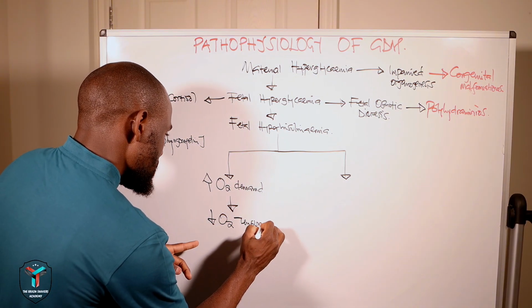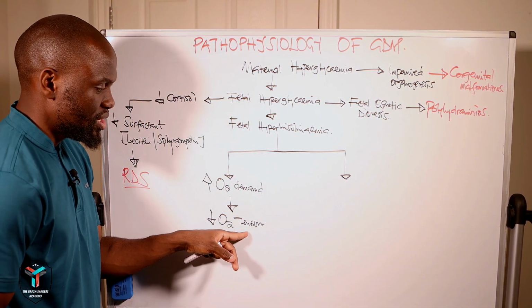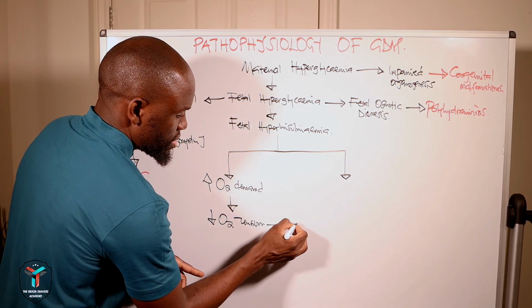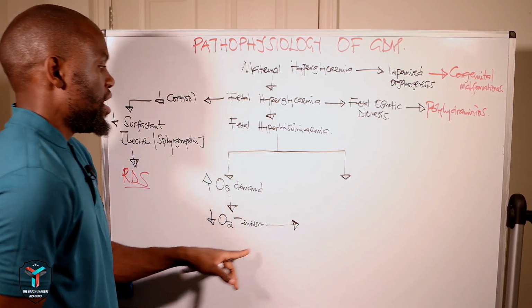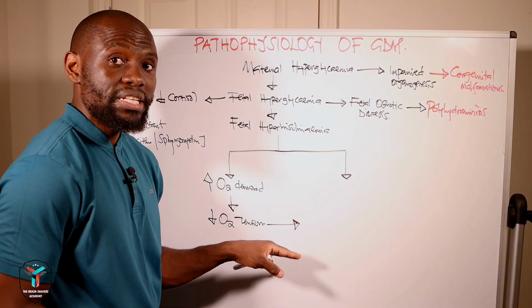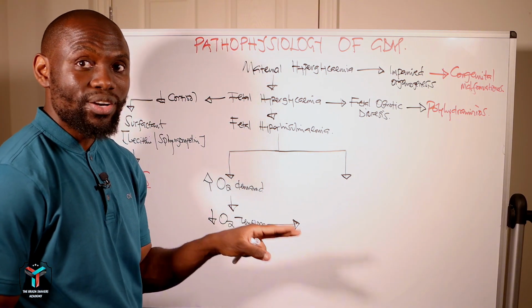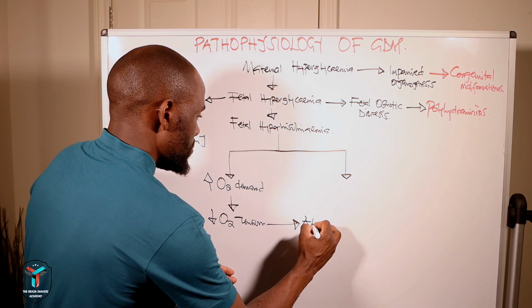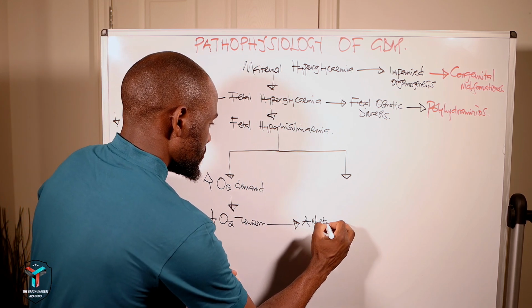Now, when we end up with a reduction in oxygen tension, this is going to force the body of the fetus to go into anaerobic metabolism. So we will end up with anaerobic metabolism here.